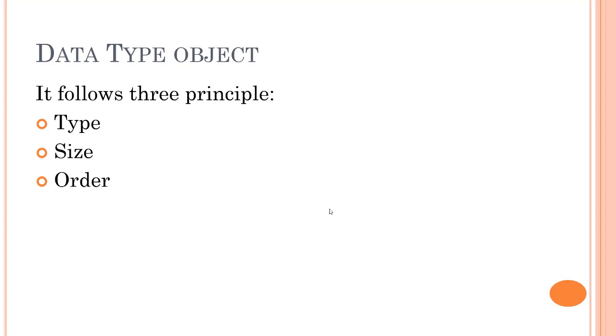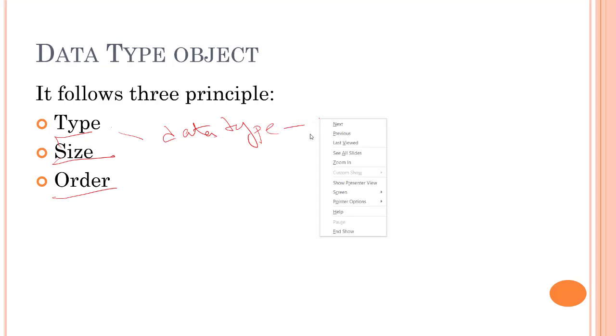Before we move to the other data types, we should know that whatever data types we use, they follow three principles. Those three principles are type, size and order. It depends upon the data type, like which type the data should be, and those we already discussed: integer, boolean or characters.